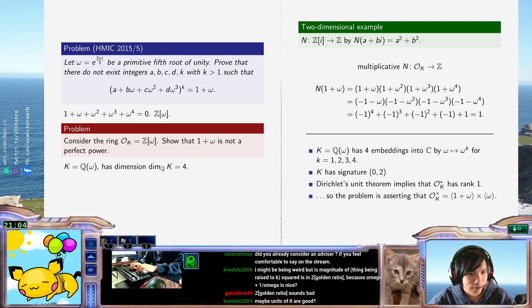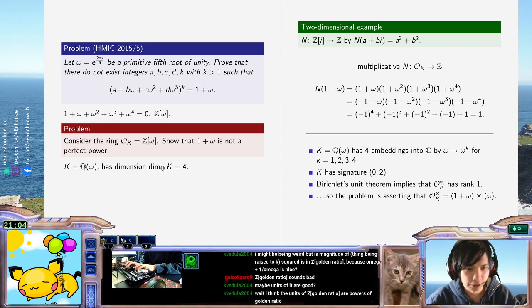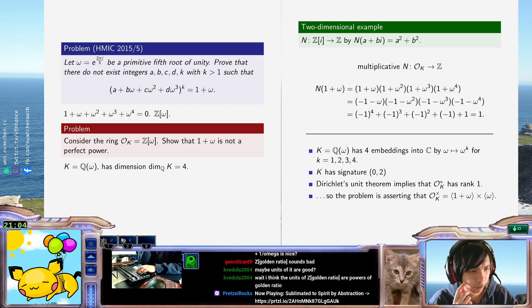Okay, let's see. I think the units of Z adjoin the golden ratio are powers of the golden ratio. I would believe that.